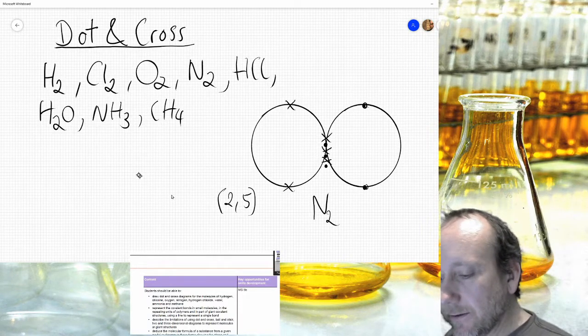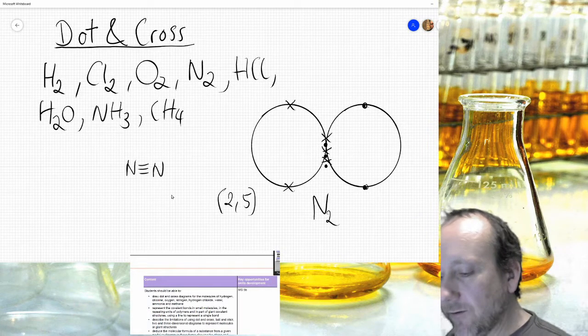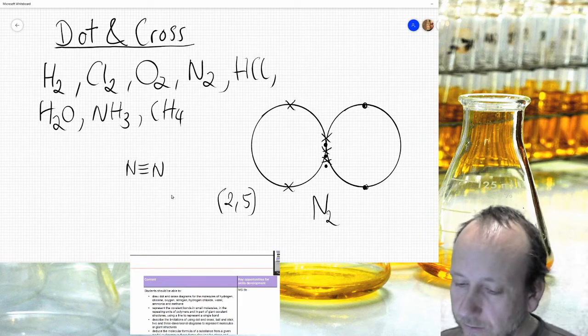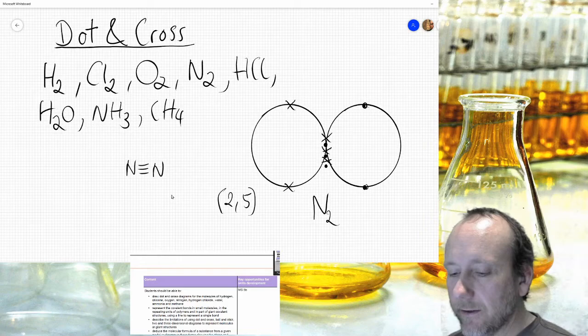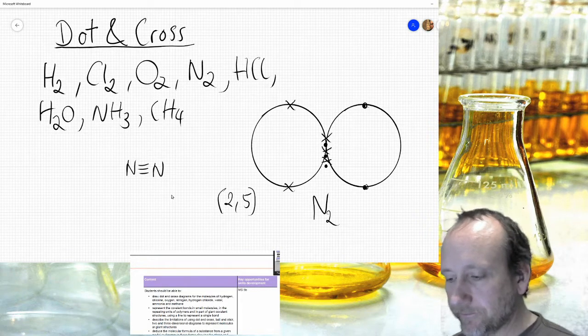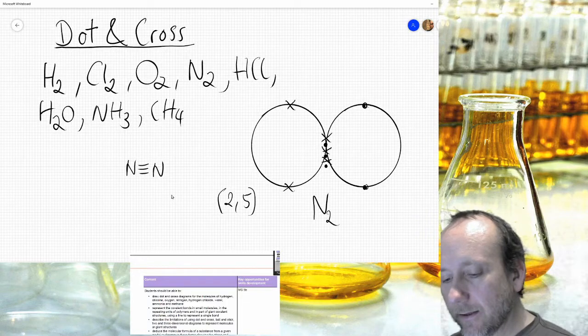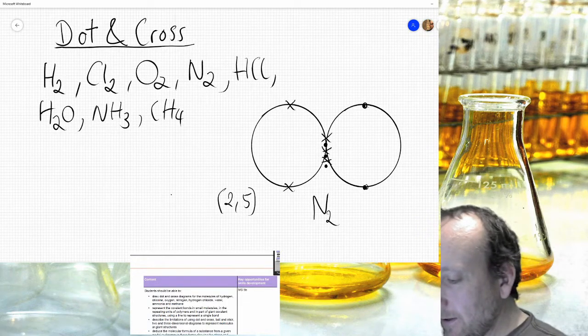The version that chemists normally draw, because they don't tend to draw dot and cross models, is this model, which is 2 nitrogen atoms bonded, where each of these sticks represents an electron pair that is shared between the 2 atoms. And therefore it is really difficult to split nitrogen up.